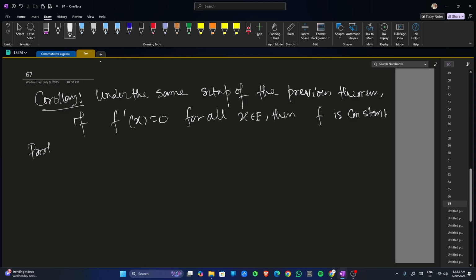Proof: we may take M equal to 0 in the theorem. Okay.